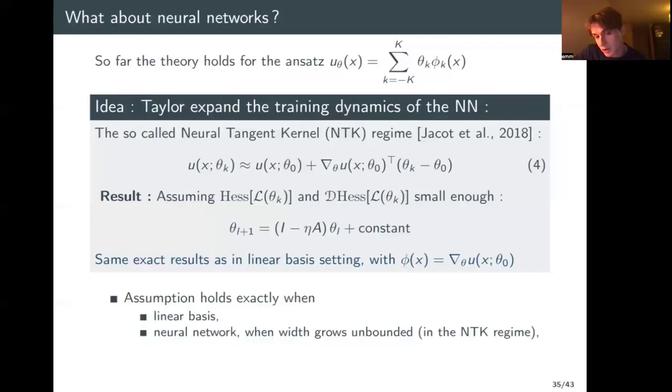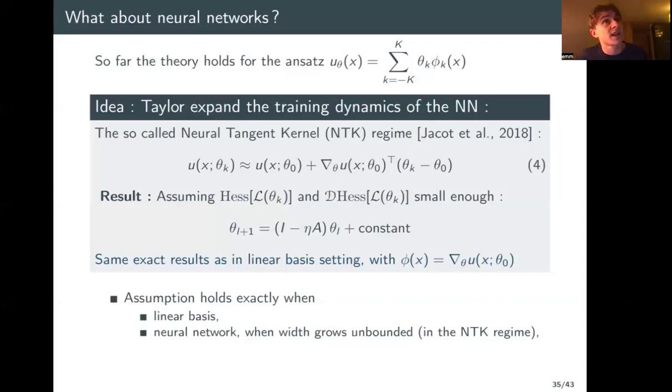Yeah, you can always write that, but then you're not really capturing the complexity of the dynamics. My question is, do you really need NTK here? Because eventually NTK assumes your width is infinite, right? Yeah, okay.